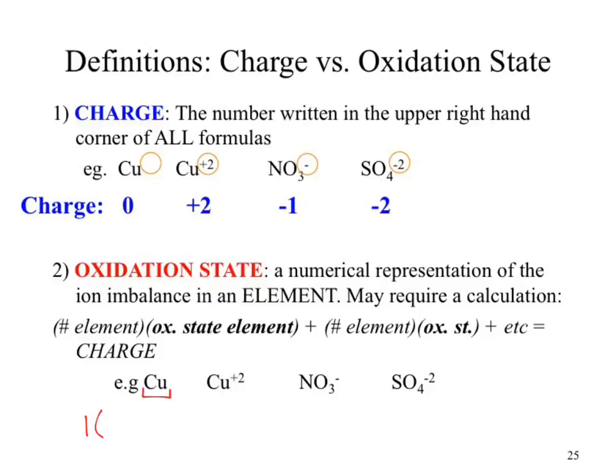What is the oxidation state for copper? Don't know. What's the next element in that unit? Nothing. Okay, so this has to then equal the overall charge. What is the overall charge? 0. What is the oxidation state for copper? 0. You've now solved it for that first one.